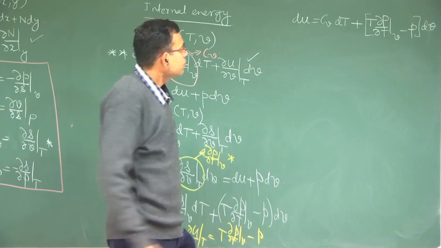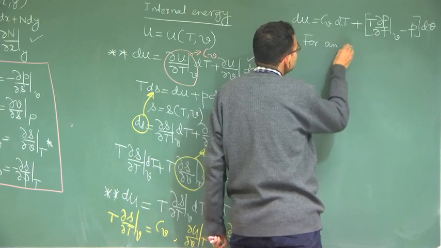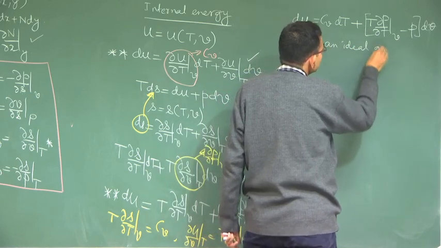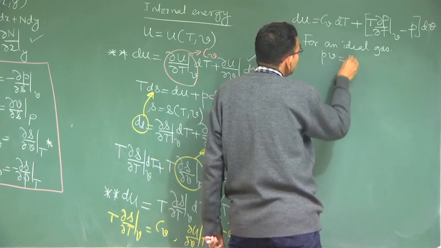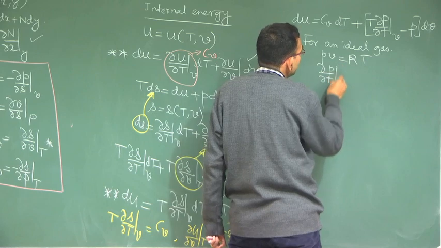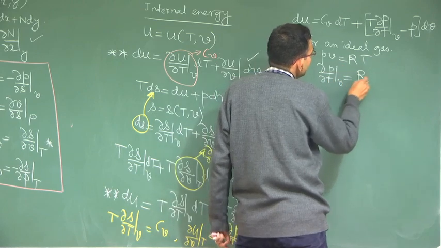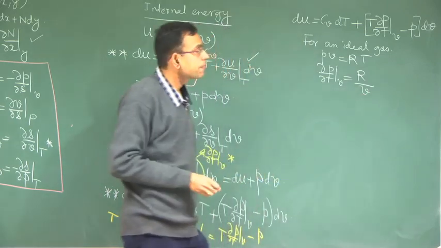Now, for an ideal gas, you have PV is equal to RT. So, del P del T at constant volume is equal to R by V, right.